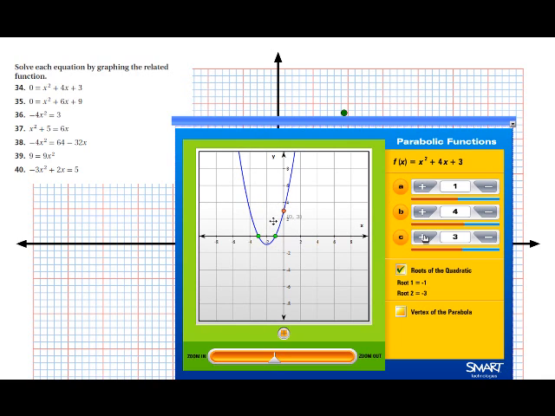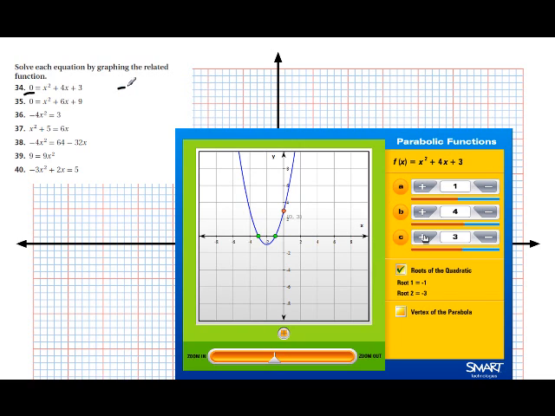Okay. If we have something like this, negative 4x squared equals 3, we don't really want to graph that just like that. We want to make sure y is all by itself, or everything else on one side, and we just have 0 on the other side, because that's when things are happy. So 4x squared equals 3.